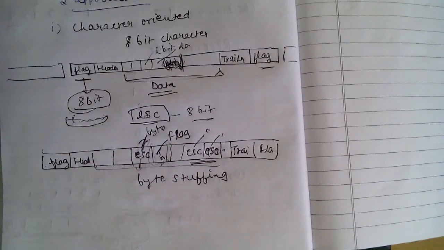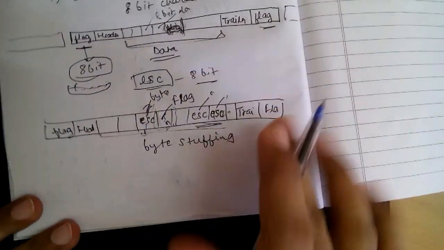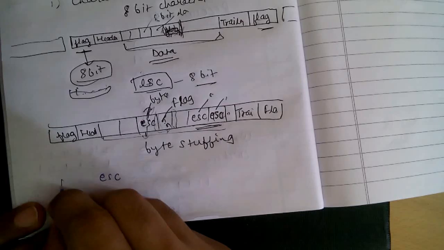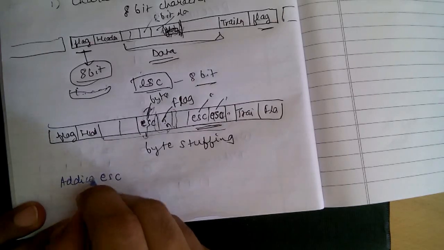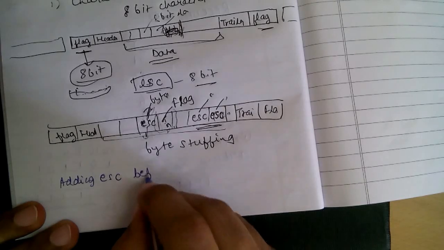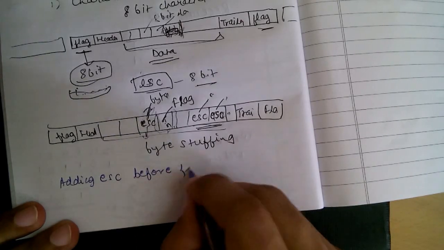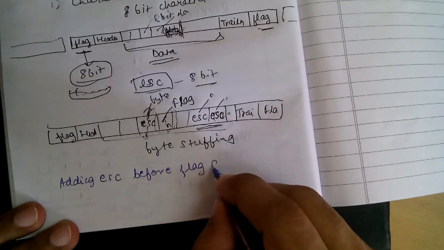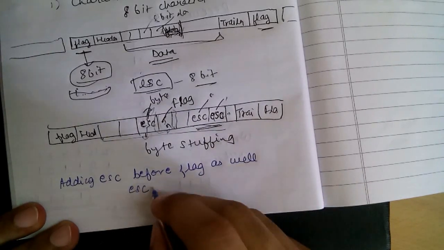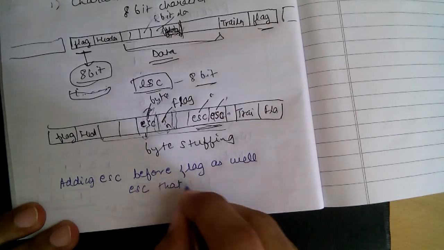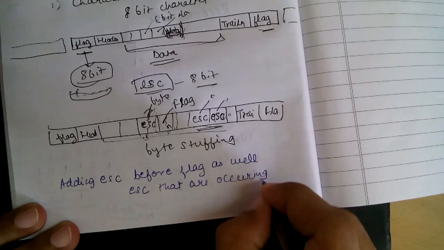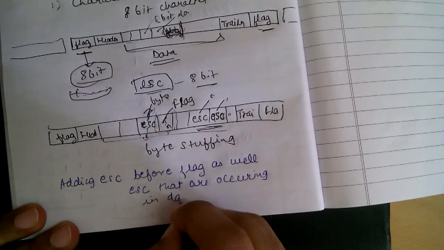So what is byte stuffing? Simply it's adding an escape before a flag as well as before escapes that are occurring in data.